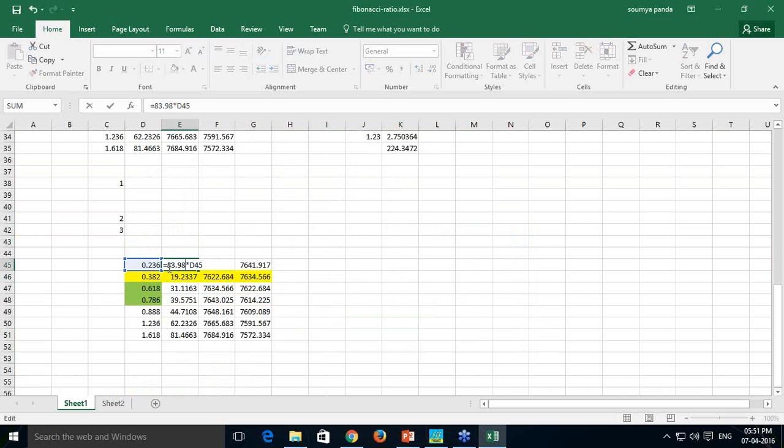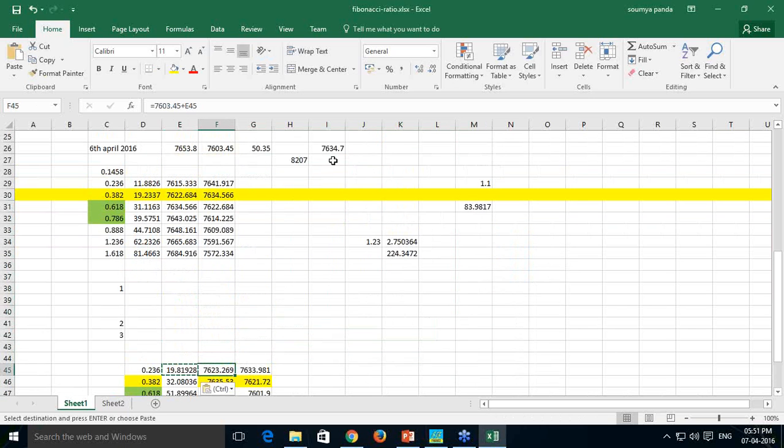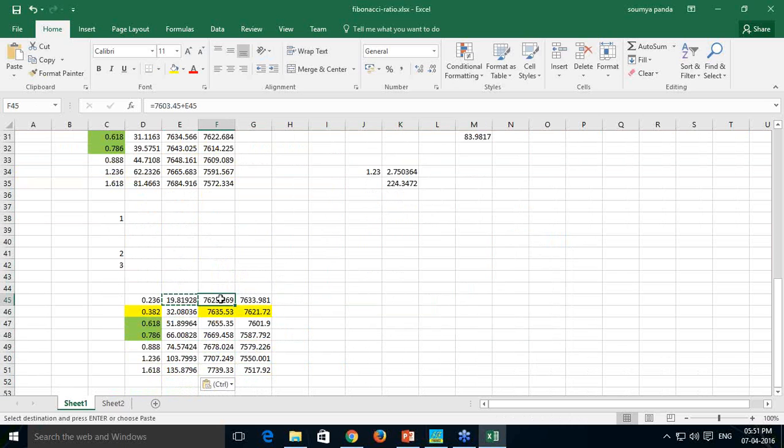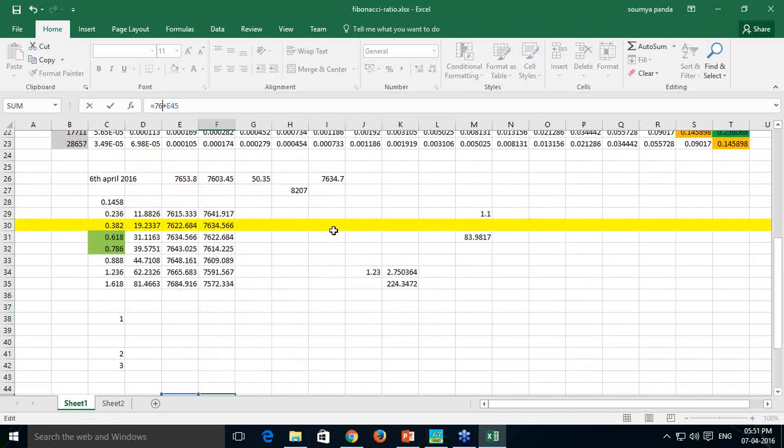So this 83.98 I am multiplying here. This is the dynamic principle I am showing you, and after multiplying by this 83.98, my Fibonacci price points will start from 7634.7. So here too my calculations of addition and subtraction happen from a single point, 7634.7.